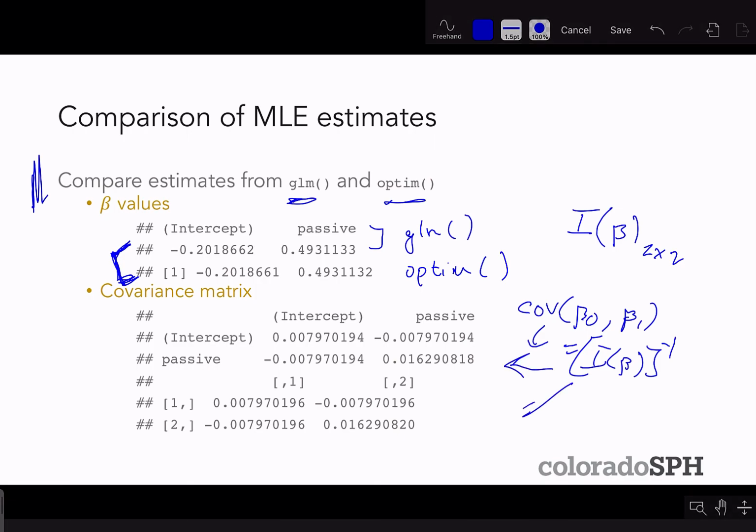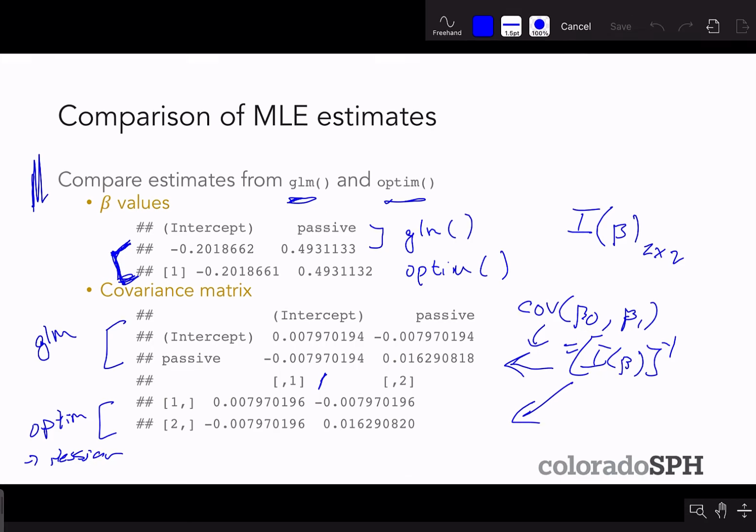They have two estimates. This first block is from GLM, and that second block is from Optim, calculated using that Hessian argument. And again, both of these are quite similar as well. And these are used to actually get your inference, which we'll talk about in a later lecture.